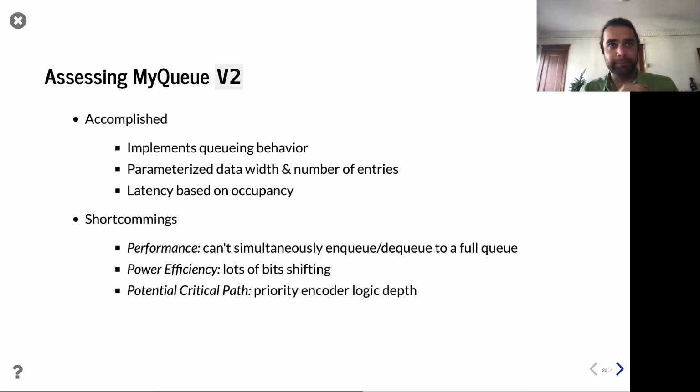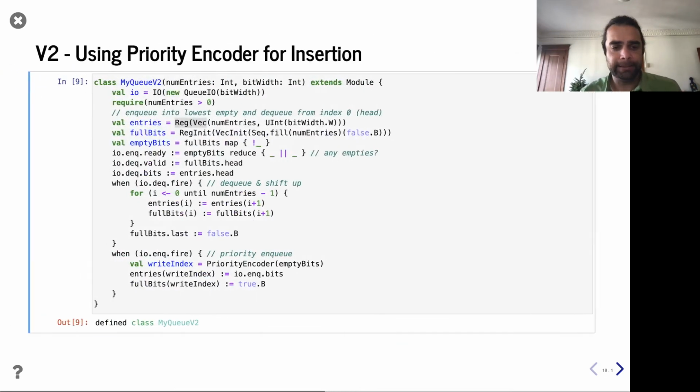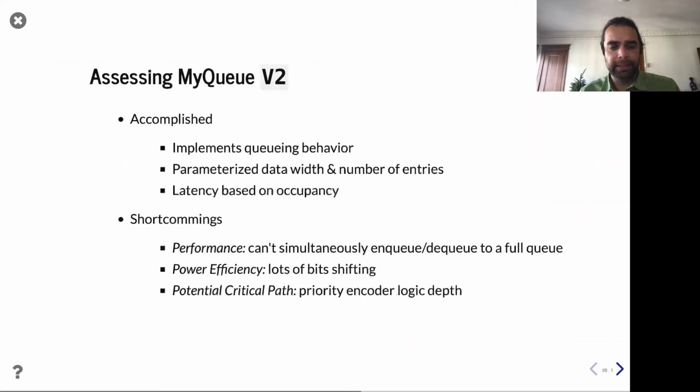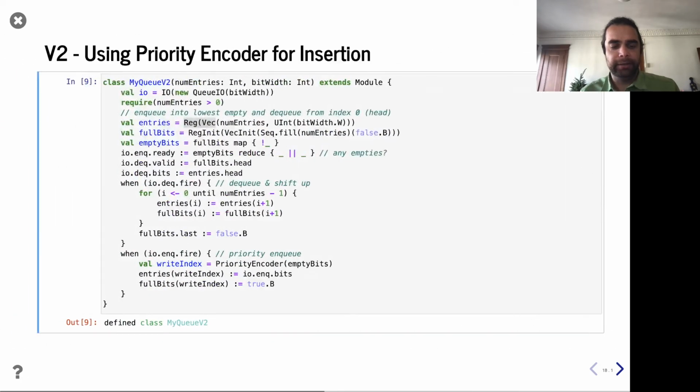So what's missing? Well, we actually can't do the simultaneous enqueue and dequeue the way this is written. And that's going to be something to concern us a little bit. The reason why is, even though these registers are all being written this way, full bits is a register, or register of a vec, but it's a register. And so this update is not going to be visible until the next cycle.